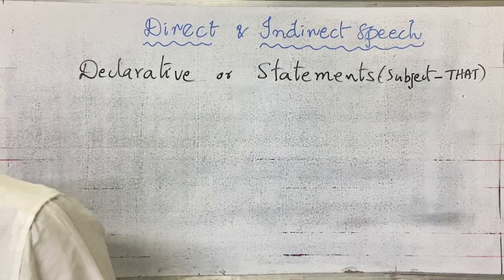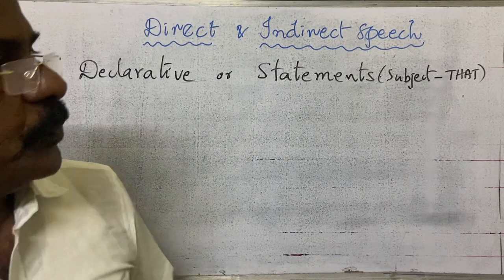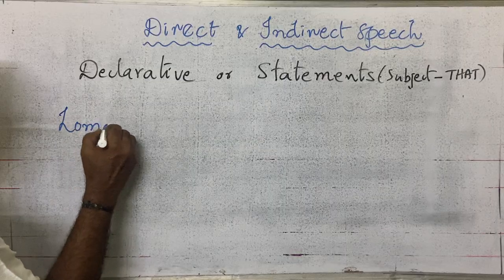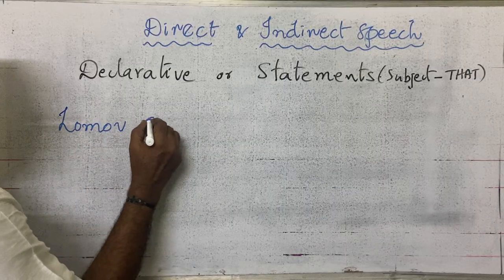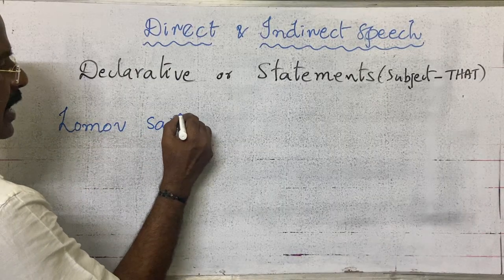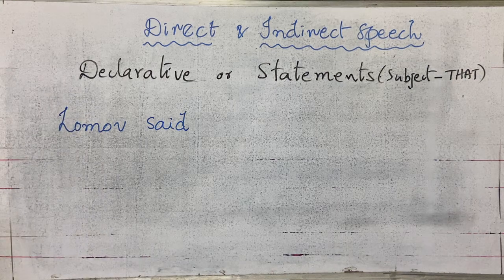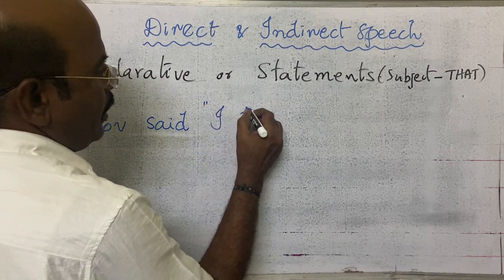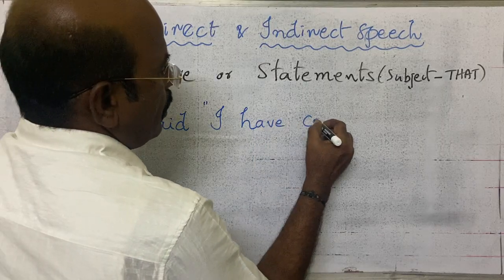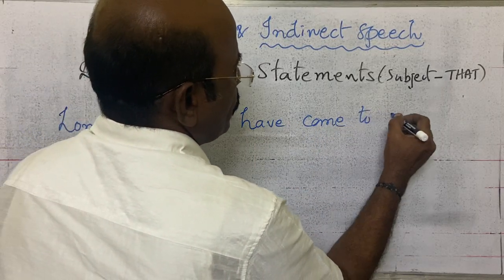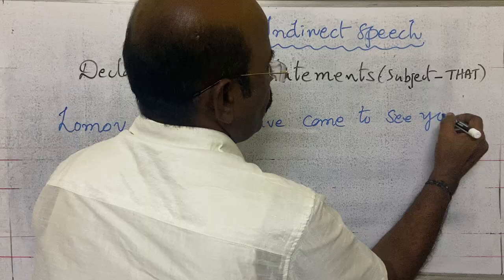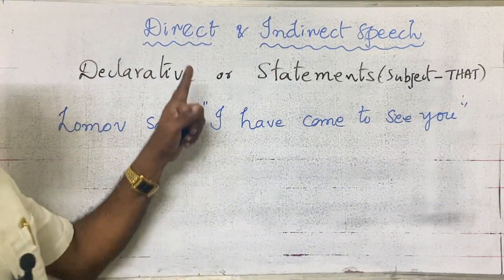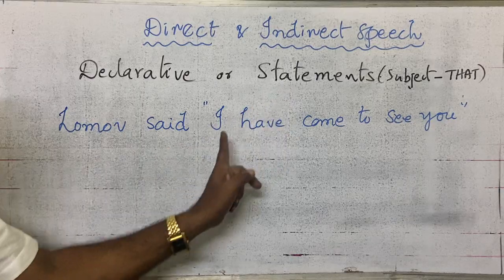For example, one question: Lomo said, "I have come to see you." This kind of sentence, "I have come to see you," is called declarative or a statement.